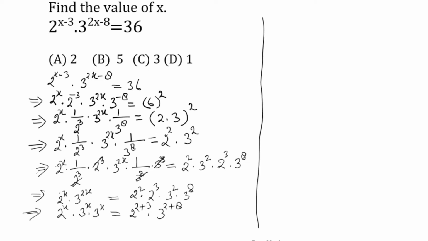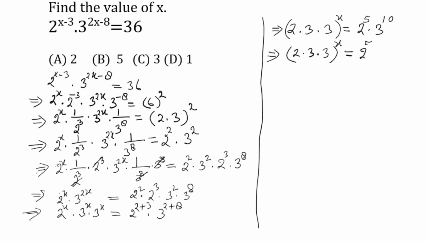Implies 2 into 3 into 3 all to the power of x. Here 2 to the power of 5 and 3 to the power of 10. 2 into 3 into 3 to the power of x is equal to 2 to the power of 5.